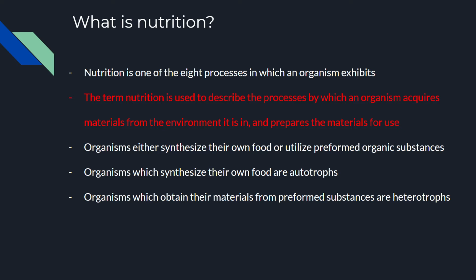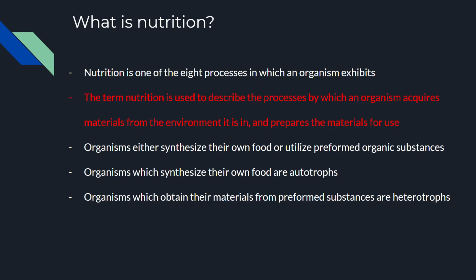The term nutrition is used to describe the processes by which an organism acquires materials from the environment it is in, and then prepares these materials for use. Organisms either synthesize their own food or utilize preformed organic substances.